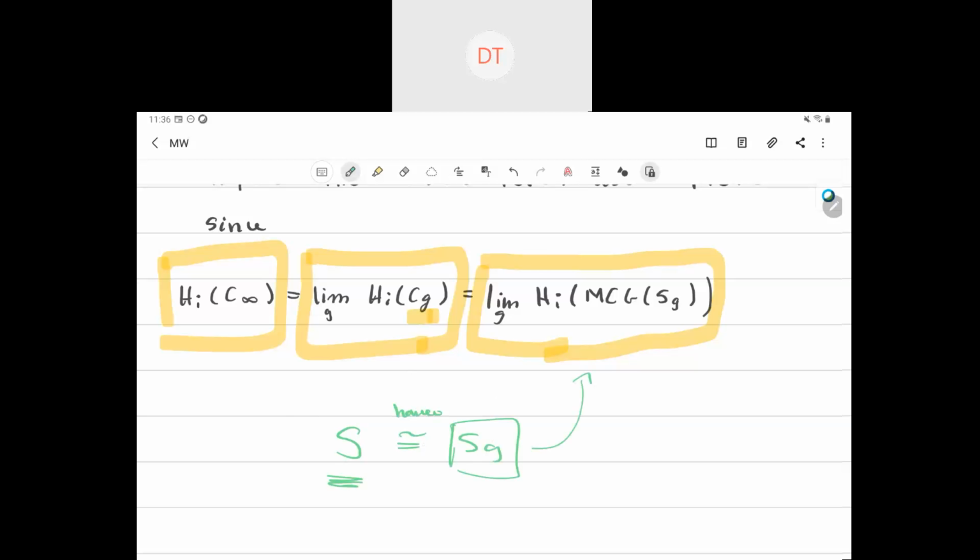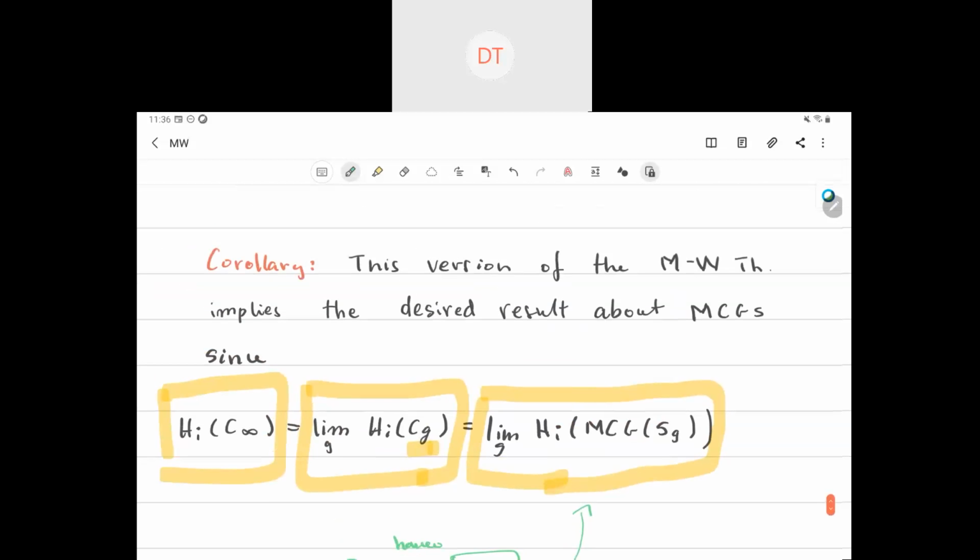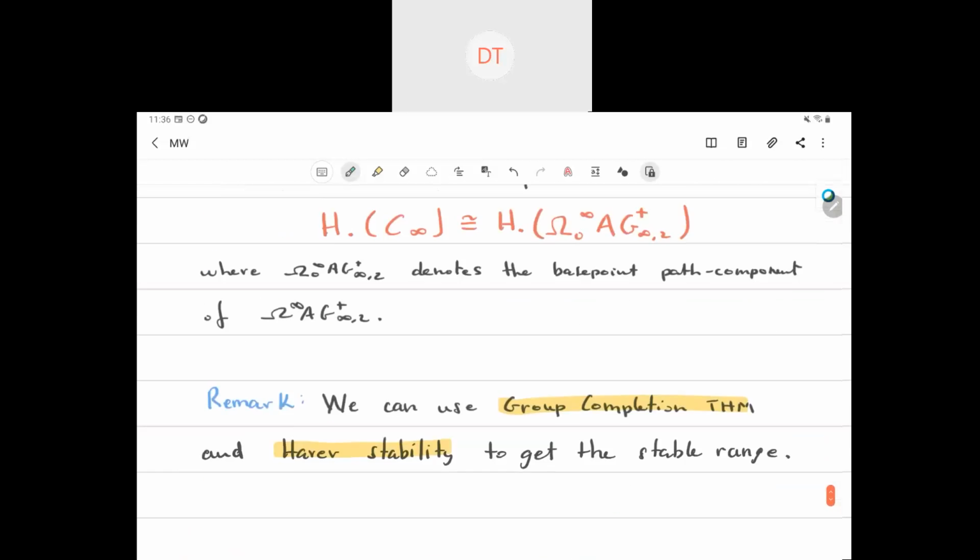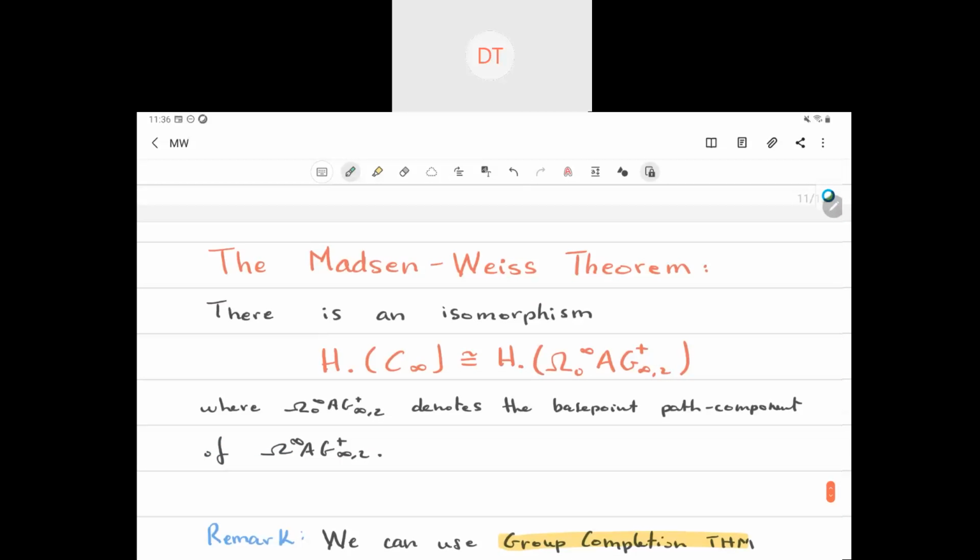Okay, so this is how we compute with the Madsen-Weiss theorem. Another comment on this theorem is that just on looking at it, it seems like we have written the homology of something on the left that is geometric in nature, like a geometric construction, in terms of something on the right that seems very complicated.